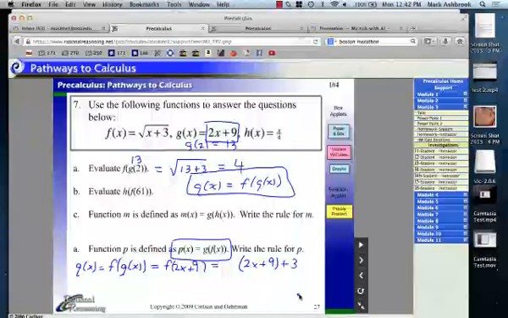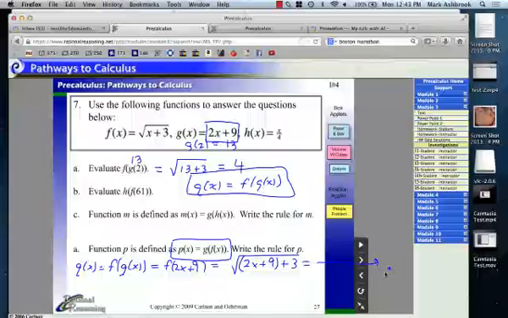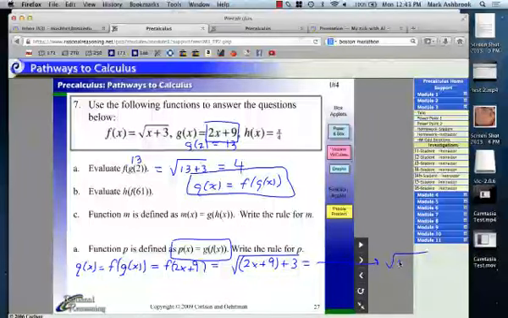You see? And then what's the next thing f tells us to do? Square root of the whole thing. So there we get square root of 2x plus 12. And that's our Q function. So that's the one-step process.